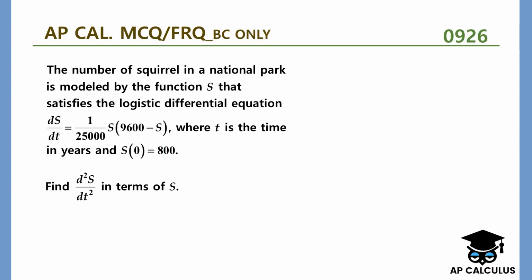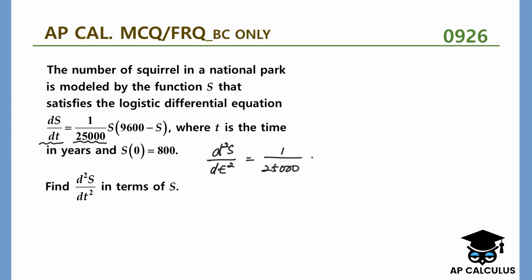Question 926. Find the second derivative of s with respect to time t in terms of s. Here we have first the derivative of s with respect to time t, so our second derivative is equal to, this is the constant, so leave this one alone, 1 over 25,000.